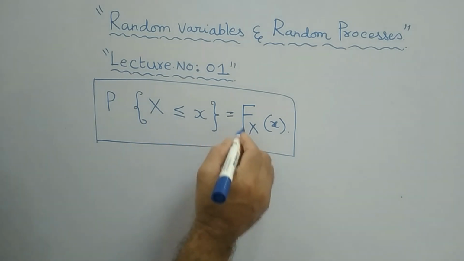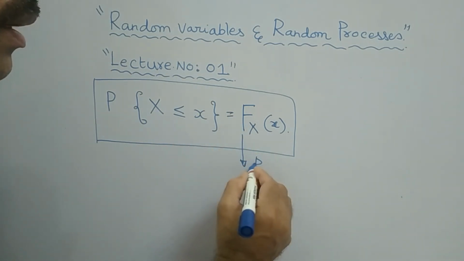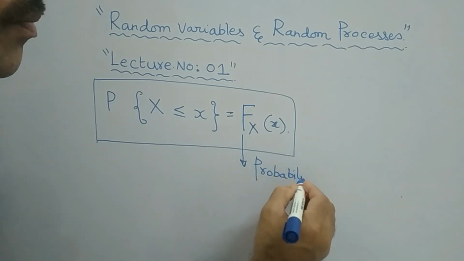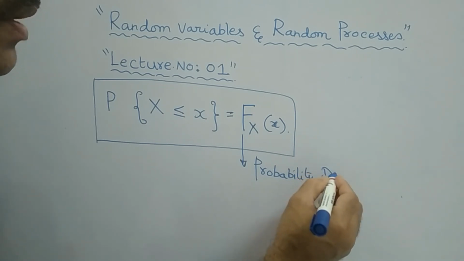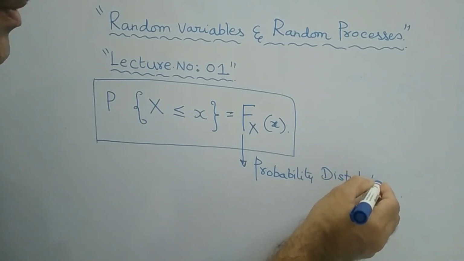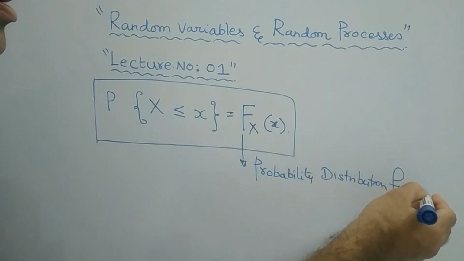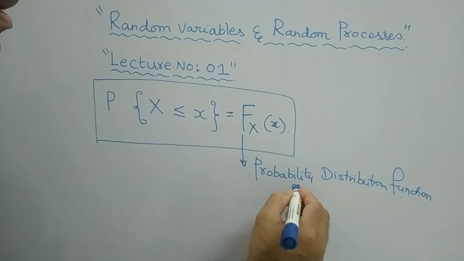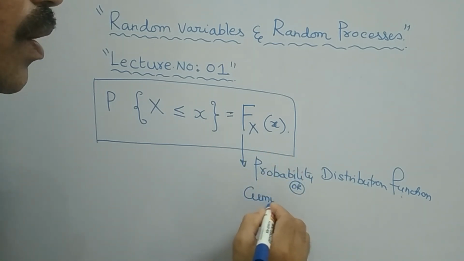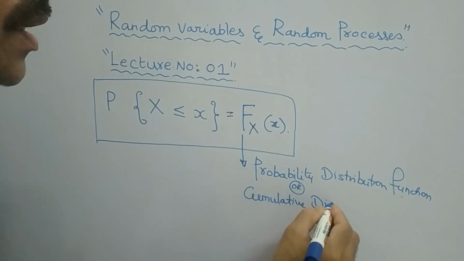You know what capital F is? It is called a probability distribution function, or otherwise a cumulative distribution function.